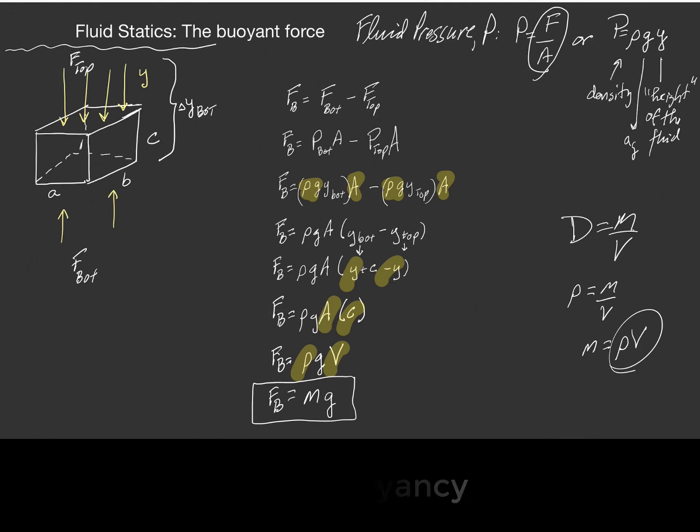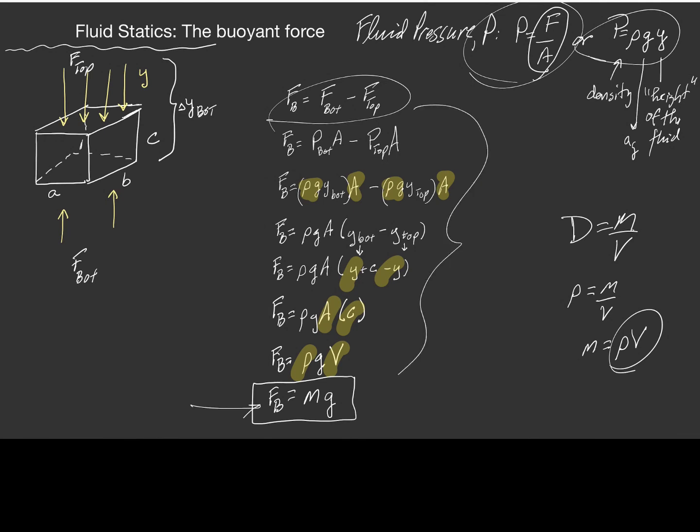Okay, so what we just showed was the weight of the displaced fluid, which is that right there. The weight of the displaced fluid is equal to the mass times the acceleration due to gravity. So at any point in time, we can use this equation, this concept, any of this, to solve whatever we need to, depending on what is known about our object and where it is in the fluid that it's suspended in.